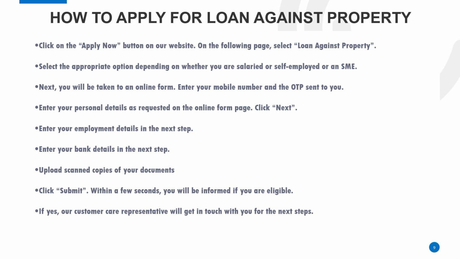Enter your personal details as requested on the online form page. Click Next. Enter your employment details in the next step. Enter your bank details in the next step. Upload scanned copies of your documents. Click Submit. Within a few seconds, you will be informed if you are eligible. If yes, our customer care representative will get in touch with you for the next steps.